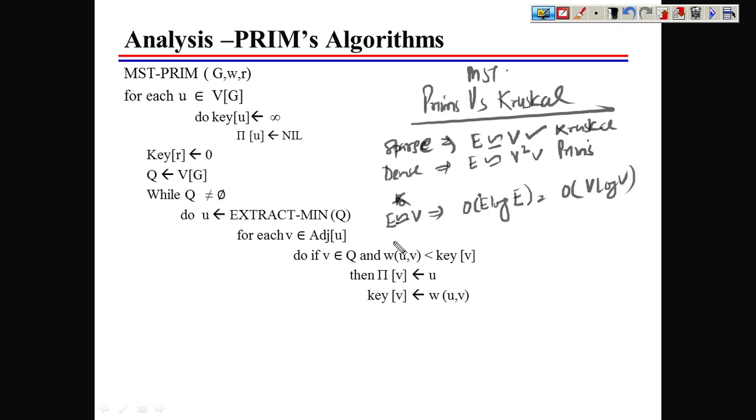In Prim's method, which is very good in the dense scenario, E is almost equal to V square, so the cost we got is V square log V, which can also be written as big O of E log V. Also, Kruskal can be implemented using simple data structures. So we have discussed both algorithms and their running times, and identified that for the sparse graph Kruskal's method is good, and for the dense graph Prim's method is good.